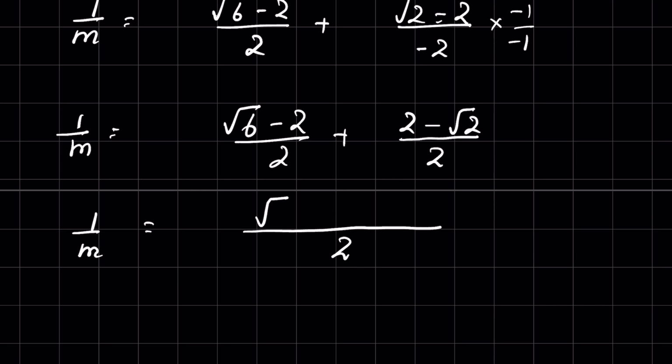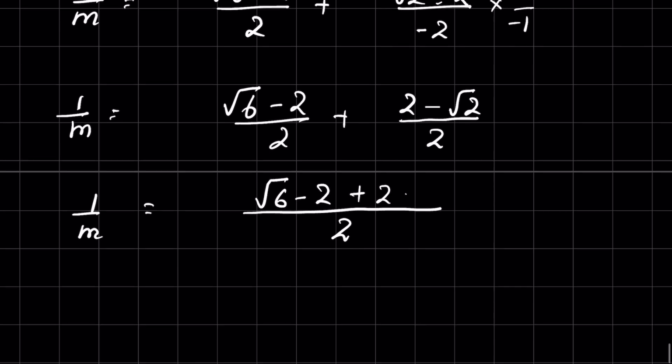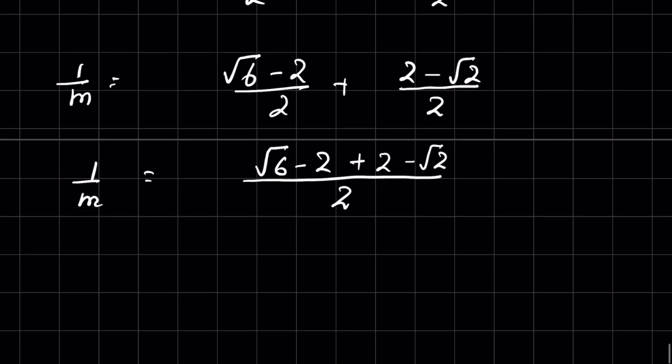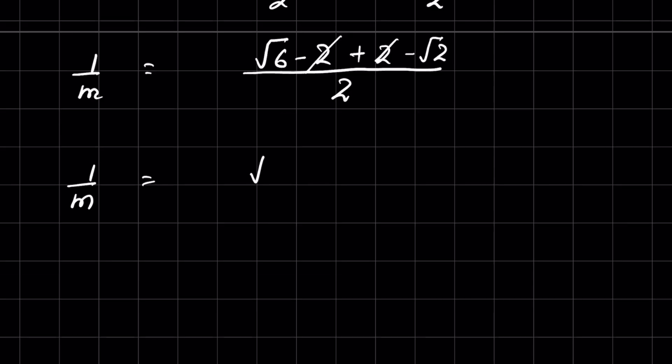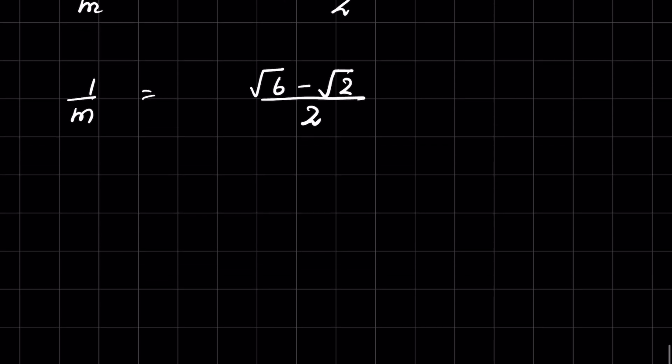So square root of 6 minus 2 plus 2 minus square root of 2, or 1 upon m is equal to, this 2 and this 2 gets cancelled, square root of 6 minus square root of 2 upon 2, or m is equal to 2 upon square root of 6 minus square root of 2.